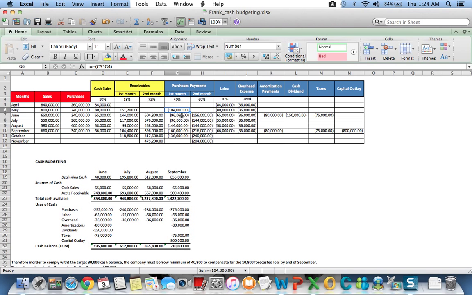So these are the 40% made payments for each purchases. And these are the 60% made payments for each purchases.